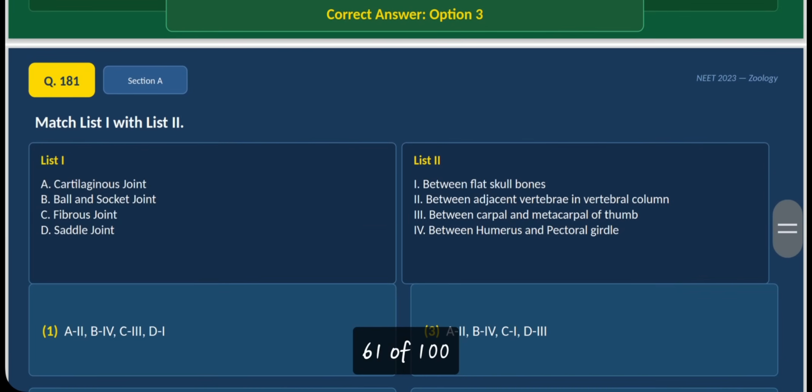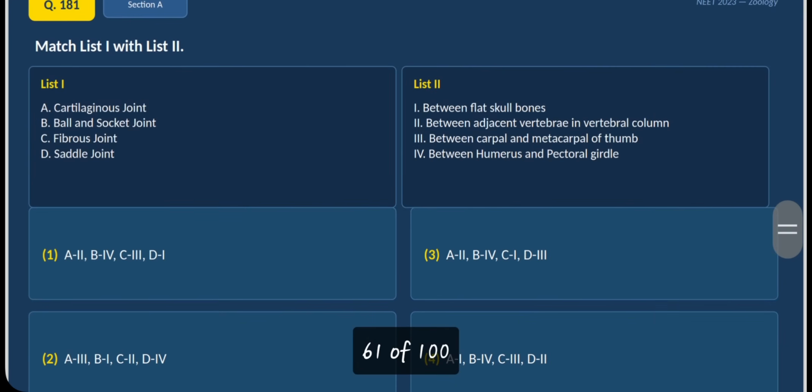Again, there is a match the following, types of joints they have given, and examples at the other side. The ball and socket joint is quite easy to remember, between humerus and pectoral girdle. So B4. Options 1, 3 and 4 are all having B4. Cartilaginous joint, between adjacent vertebrae, A2, so A2, B4.